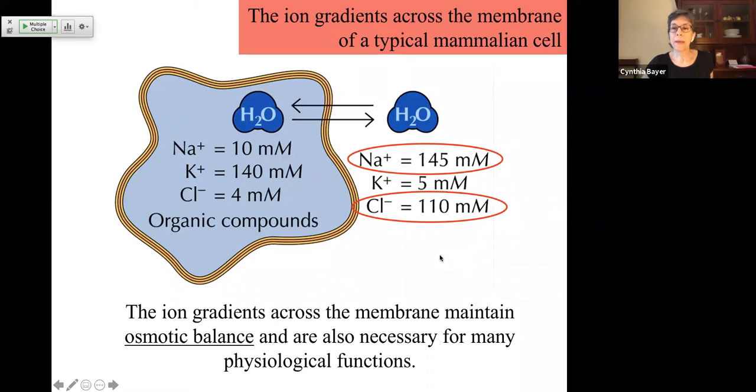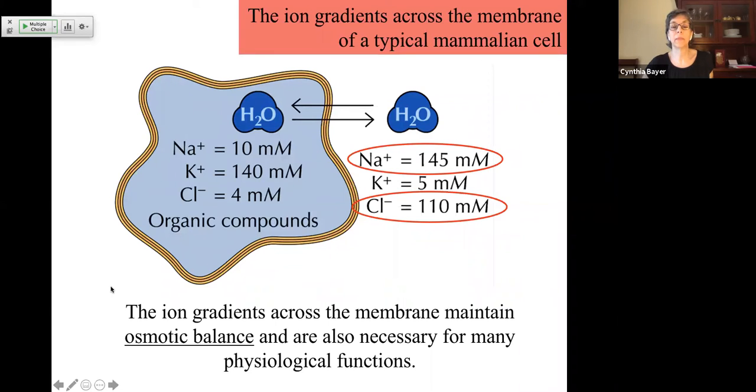This maintenance of this high ion concentration outside the cells allows the cells to exist within an isotonic solution, maintaining an equilibrium of water movement. For every time a water molecule diffuses into the cell, another water molecule will diffuse out of the cell, so that our cells don't shrink or burst.